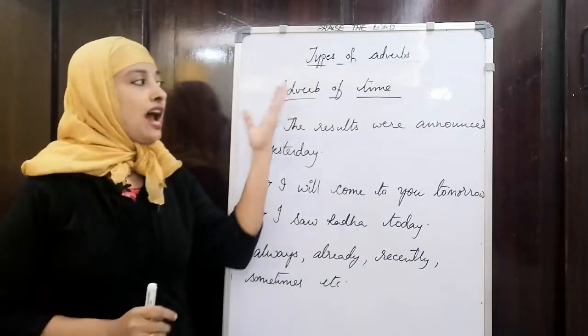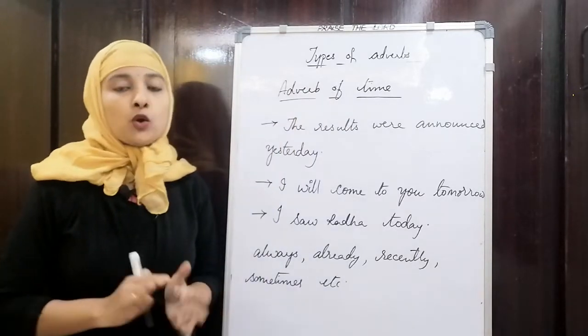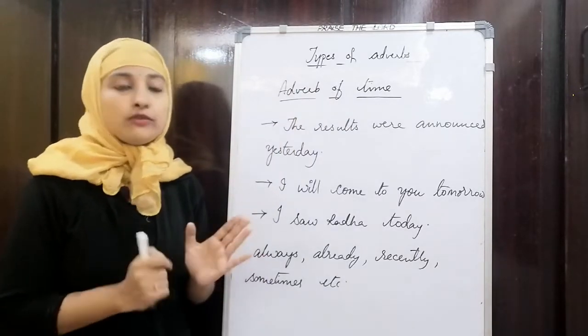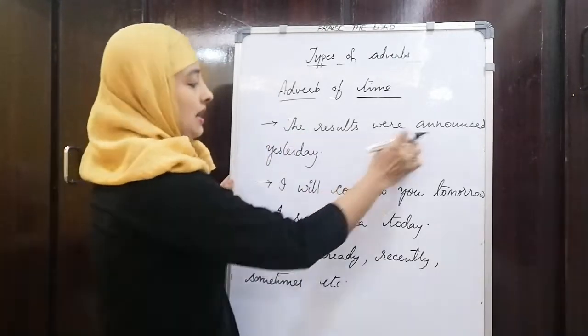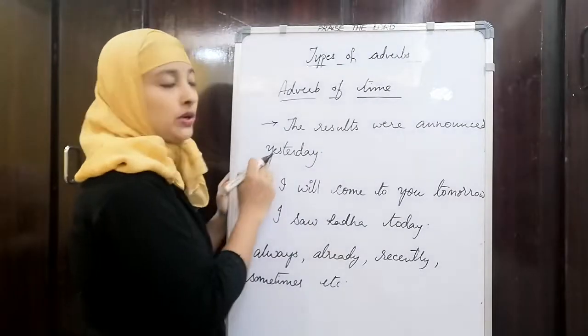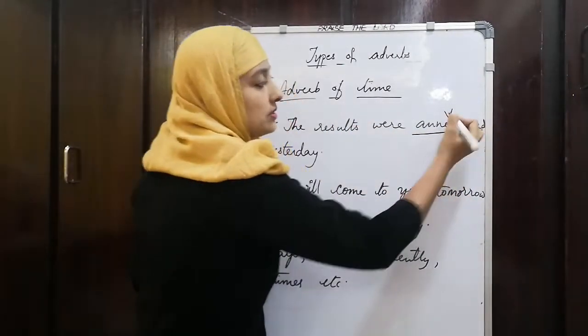Coming to adverb of time, like I have said, you need to ask the question when. Before knowing what an adverb is, you have to identify the verb, right? The results were announced yesterday. What is the verb here? Announced.